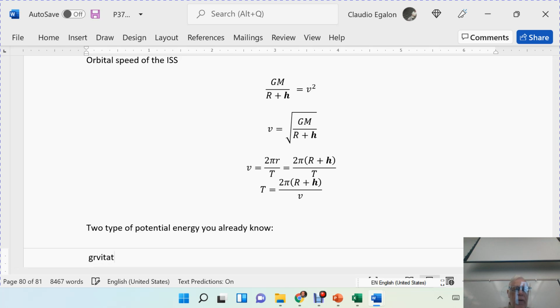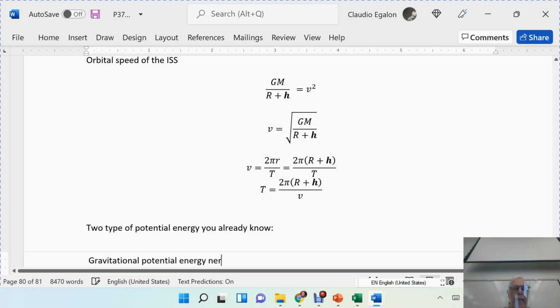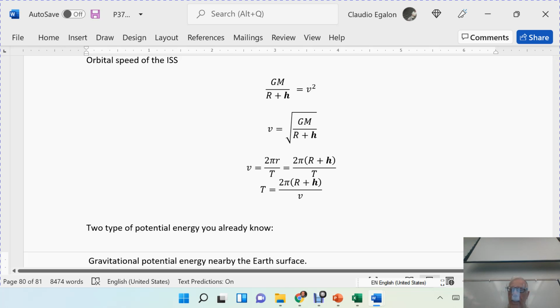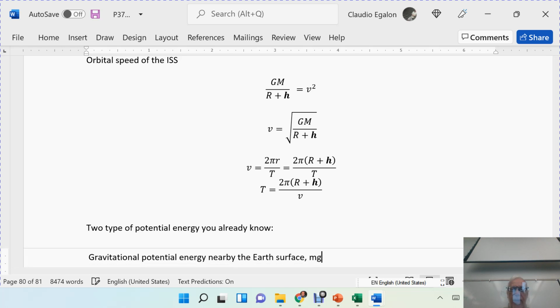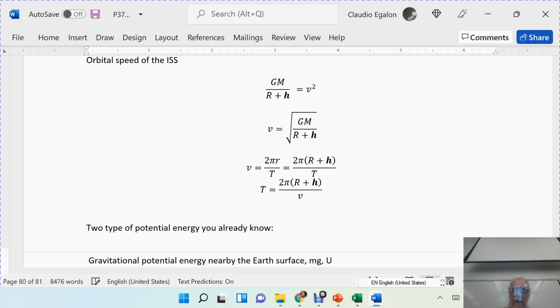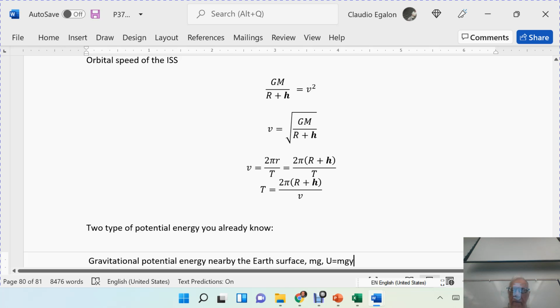The gravitational potential energy nearby the Earth's surface, which is given by the force mg. The potential energy turns out to be mgy.